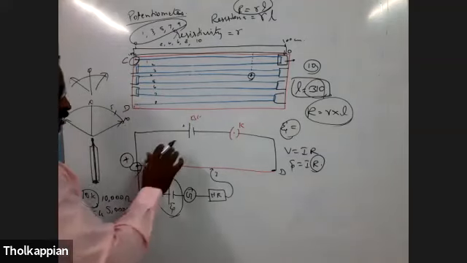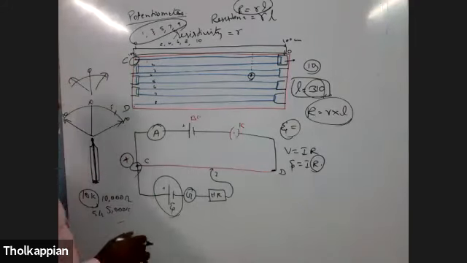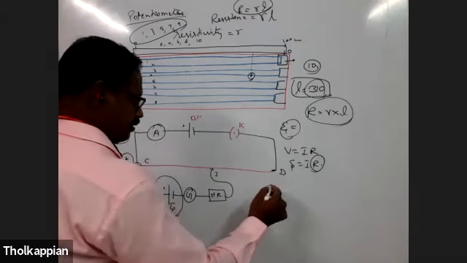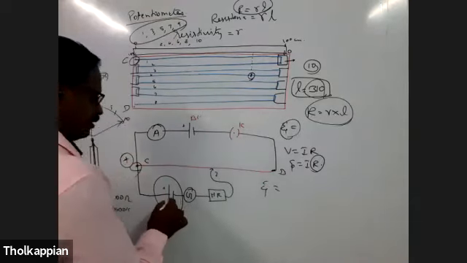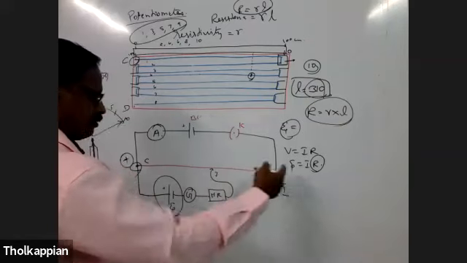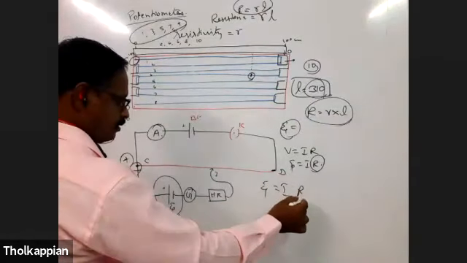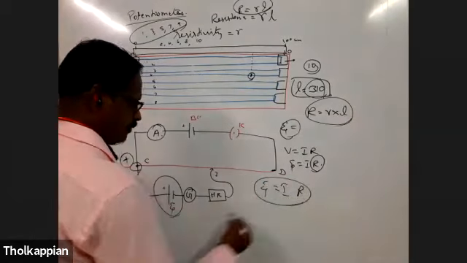You can measure the current also by using an ammeter, and you also find the value of current. So by using this, you can find the EMF connected here. You know the current value I, and you know the resistance value R. From that you can find the value of EMF.